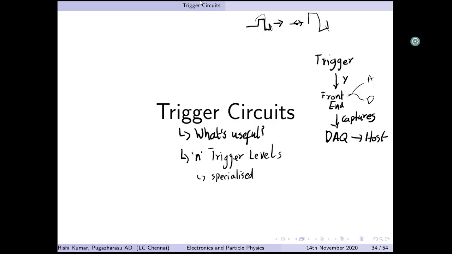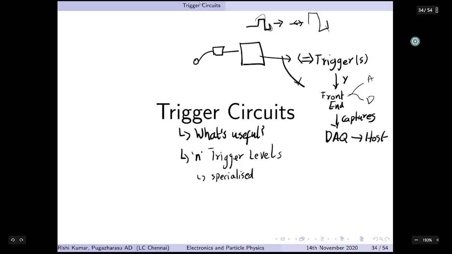Each trigger level filters out a specific set of non-relevant events, and it signals to the bigger trigger levels. The way this would work is you have a small trigger, which then talks to a bigger one, which then talks to a bigger one, which might actually blow the whistle for the front end to capture this event.